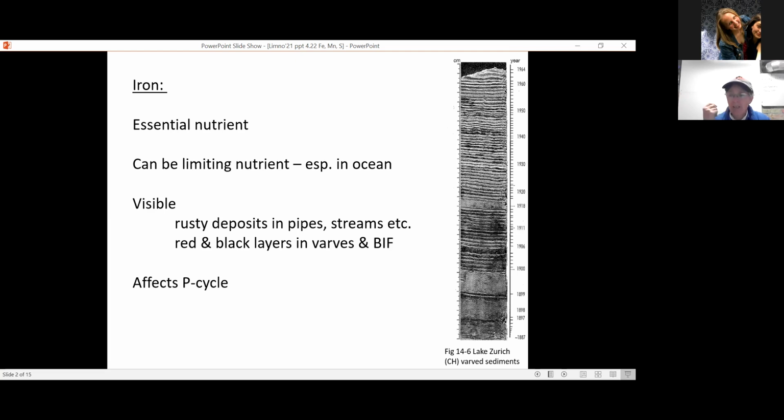There is no gas form of iron, unlike nitrogen, which has a couple of gas forms. Okay, there are some weird exceptions, but basically there's no gas form. And so if any iron is going to get into a lake, it's going to be dissolving from the rocks in the watershed and washing in the streams. Well, there are large parts of the ocean that are far, far away from land, and therefore far, far away from a source of iron.